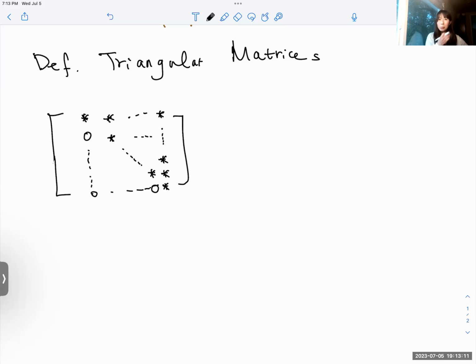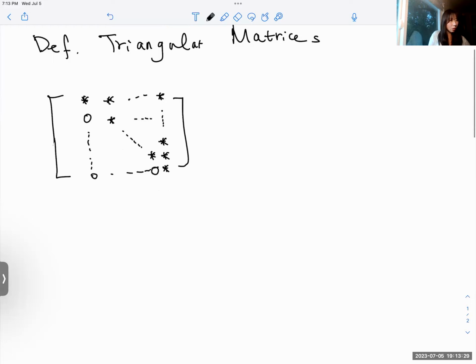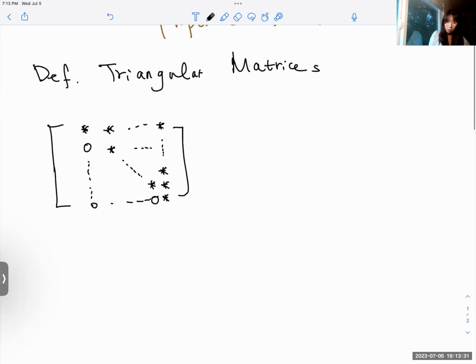So if we have an upper or lower triangular matrix, then to find the determinant, we can just multiply the diagonal numbers. Upper, in that case, is a triangular matrix.